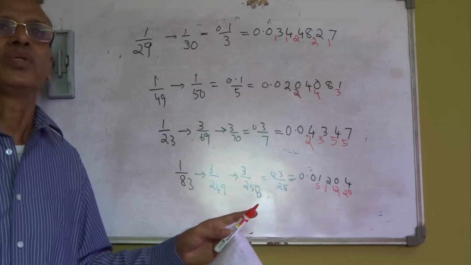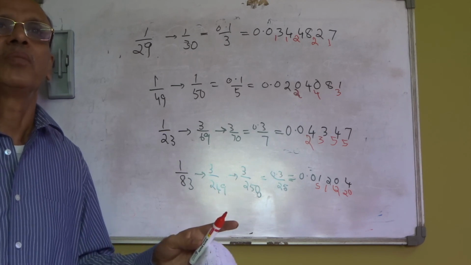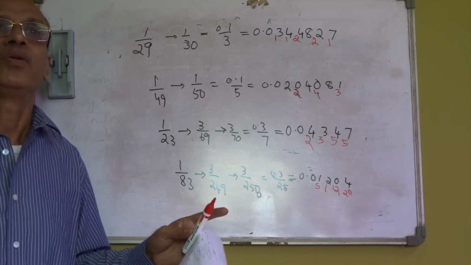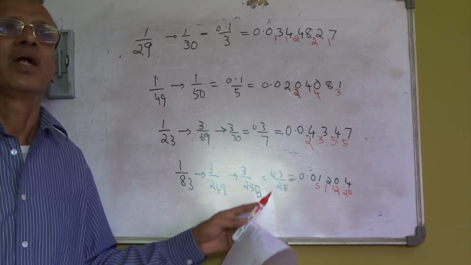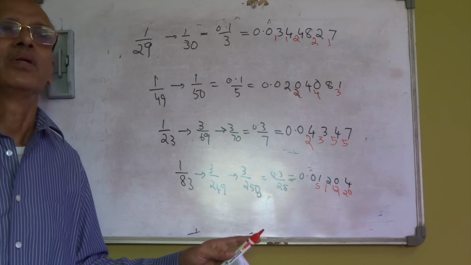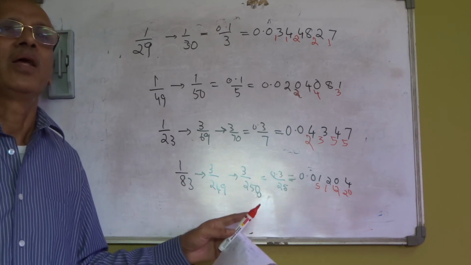So we studied two things. One is simplification by common factors, and division by numbers ending with 9. And even if it is not ending with 9, you can change it into 9 and then make it applicable to the system and arrive at the answer.